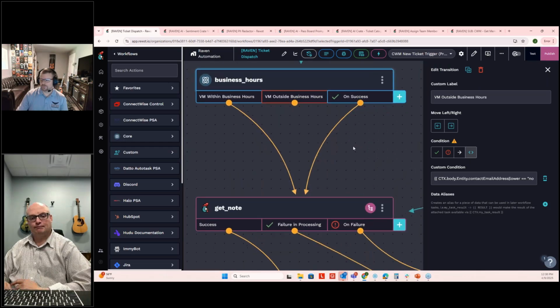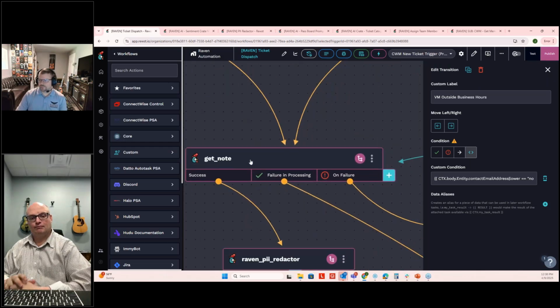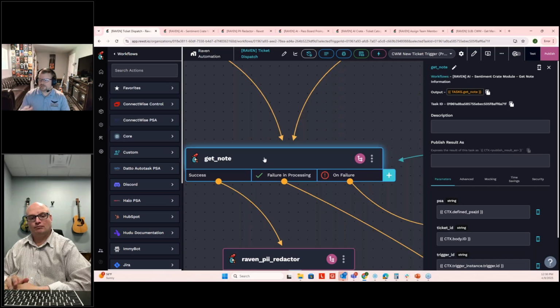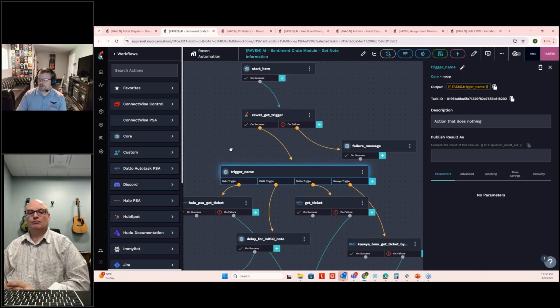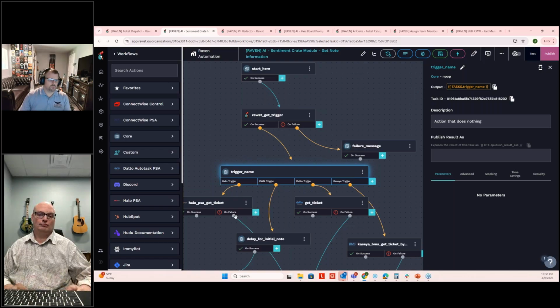Otherwise, we're going to go through, and now we move into this next piece, the get note process. This is actually a sub workflow here. So we pass this into our AI sentiment analysis crate. The first thing that we're doing here is running through and getting the actual ticket note. And this supports multiple PSAs.